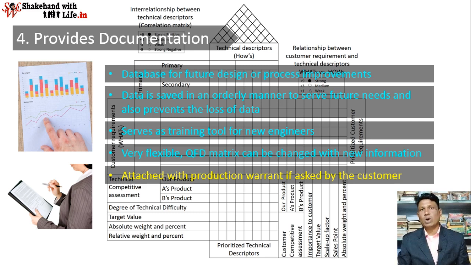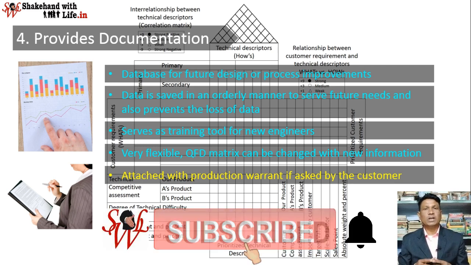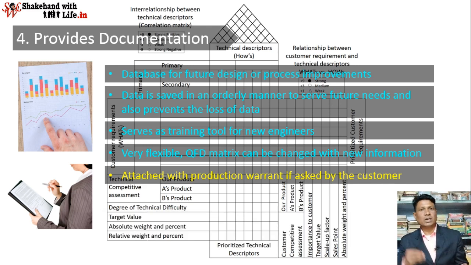When we have new customer requirements, automatically we have to change the data for technical descriptors, and accordingly we have different relationships in the central hall, in the matrix where we study the relationship between the customer requirements and the technical descriptors, and accordingly the data in customer competitive assessment also changes, and so the prioritized customer requirements, the prioritized technical descriptors, and the technical competitive assessment, all kinds of data change automatically. So QFD is a very flexible tool.